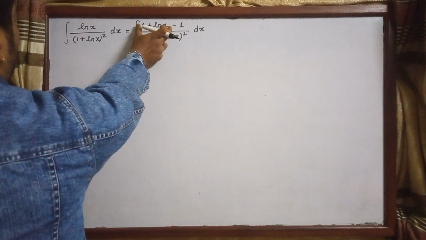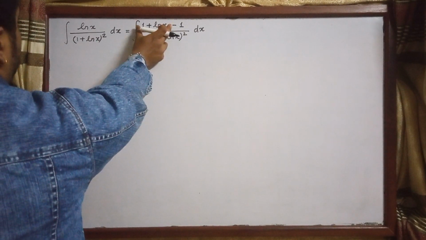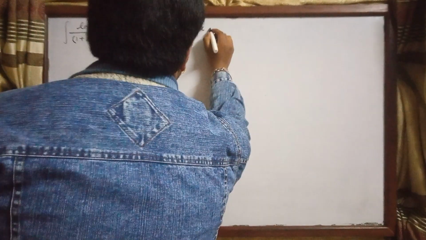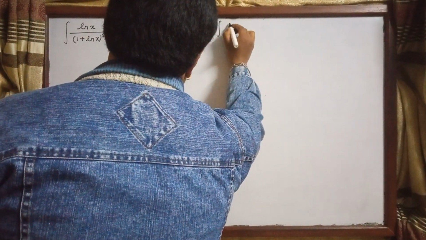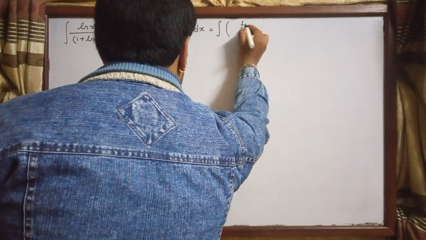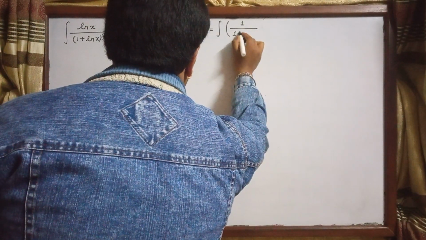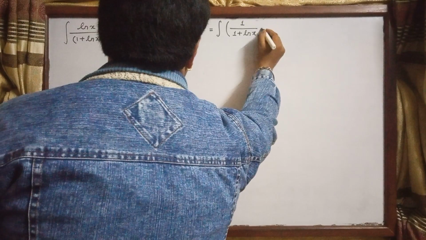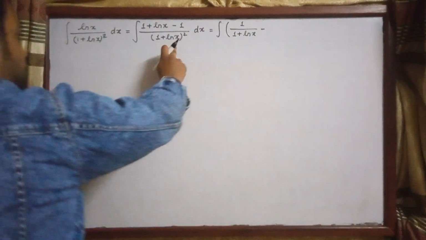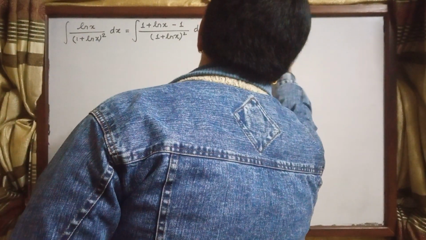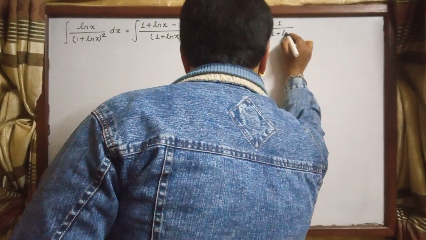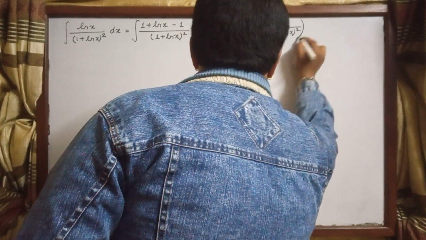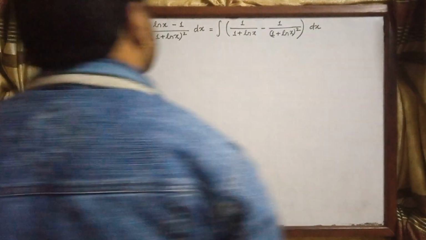Now let's split this modified integrand into two parts. We're going to write (1 plus log x) all over (1 plus log x) whole squared, which will give us 1 over (1 plus log x) and minus 1 over (1 plus log x) whole squared. Something like this.